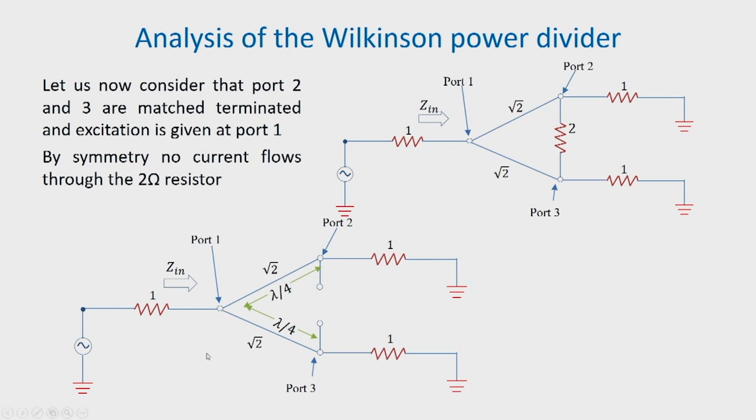Now, these 2 ohm resistances here at port 1 will come in parallel, and this will become 1. So, Zin becomes 1, and therefore, Zin is half root 2 square, which is equal to 1.